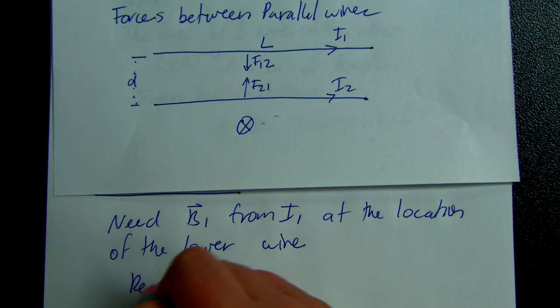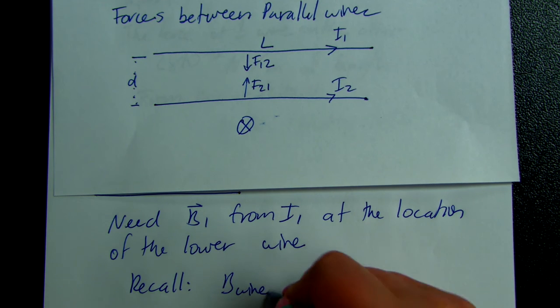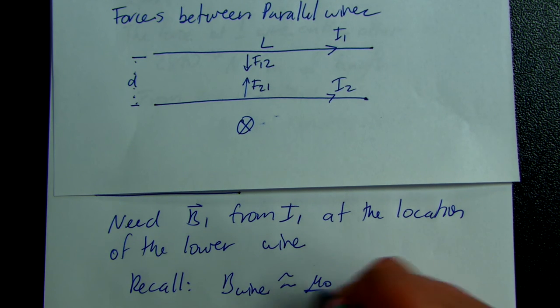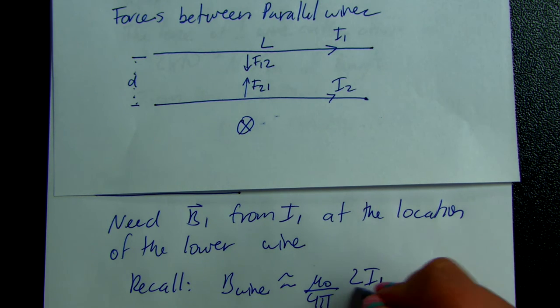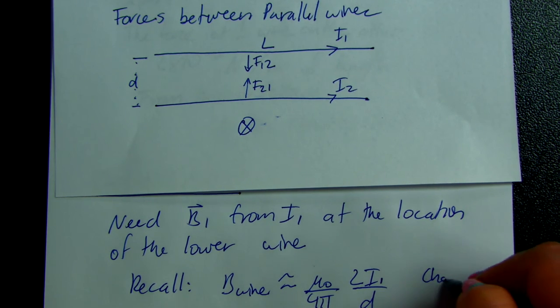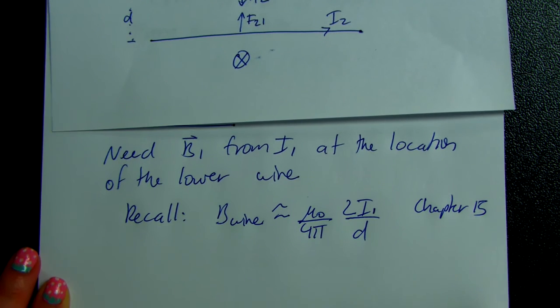And if you recall, the magnetic field of a wire is approximately mu naught over 4 pi, 2 times the current over D. This is, of course, from chapter 15 in Matter and Interactions.